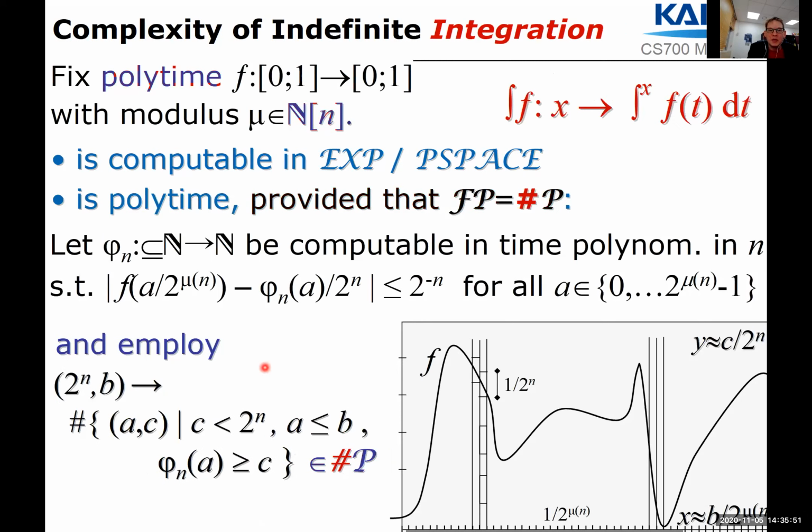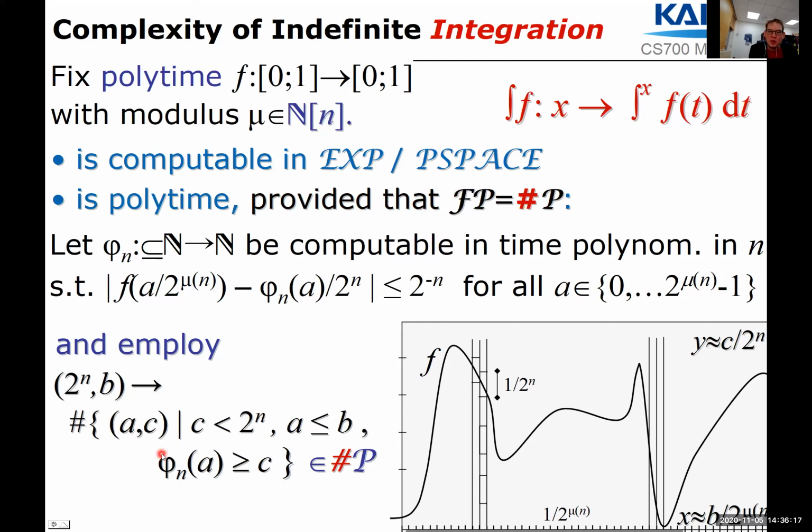The next operator we considered was indefinite integration, where we could similarly show that it can be done in polynomial space too, and it can be improved to polynomial time, but now under a stronger hypothesis: that FP is equal to #P, this complicated complexity class.